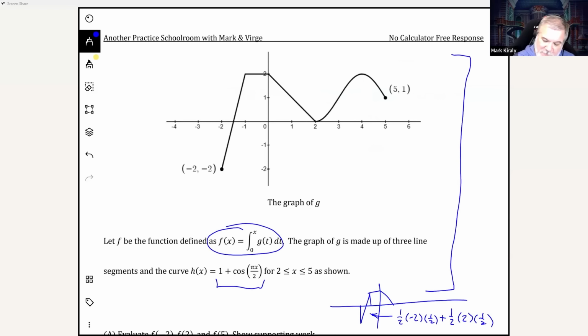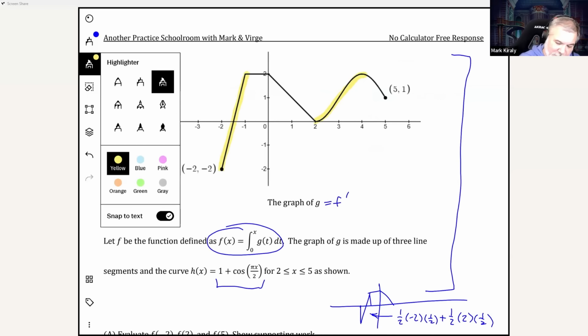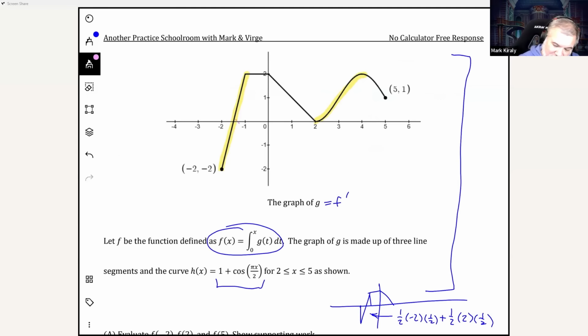So this picture is g, which is f prime. I want to look at where it's increasing, because that's my concave up. And I want to know where it's positive, because that's where f will be increasing.